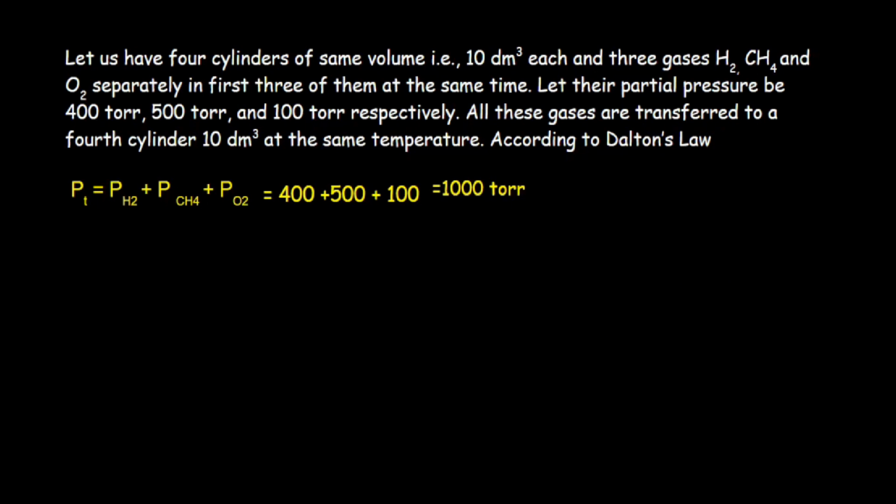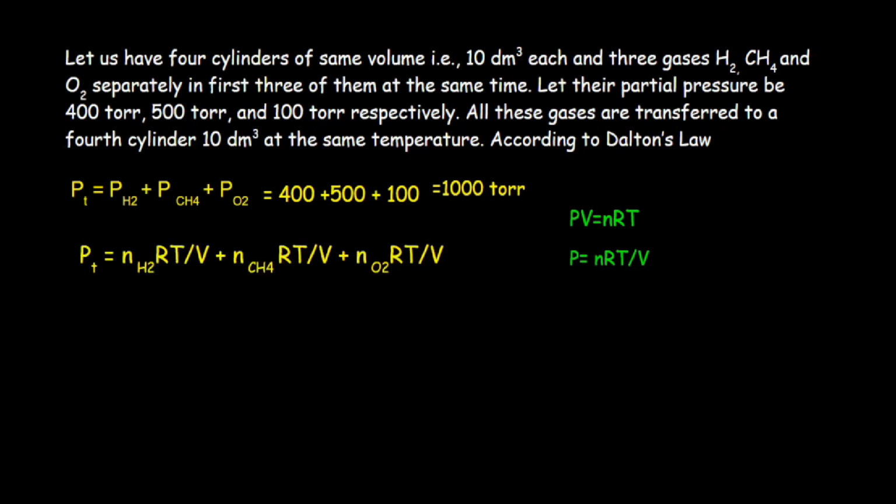Students, according to the general gas equation, PV is equal to nRT. From this equation, we can get the value of P as nRT divided by V. Now put this value of pressure in Dalton's equation. n will be replaced by n hydrogen, n methane, and n oxygen, while the other quantities would be the same.